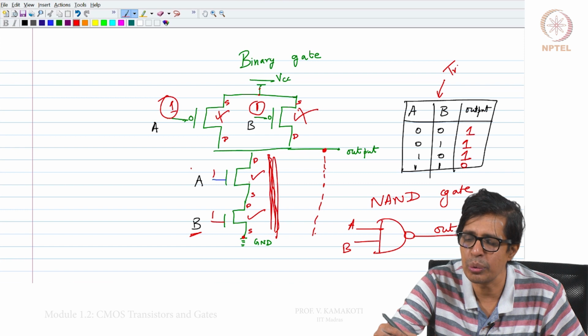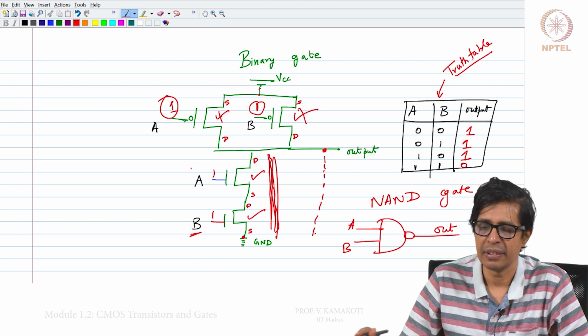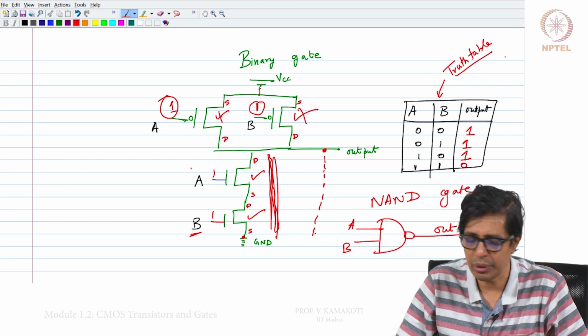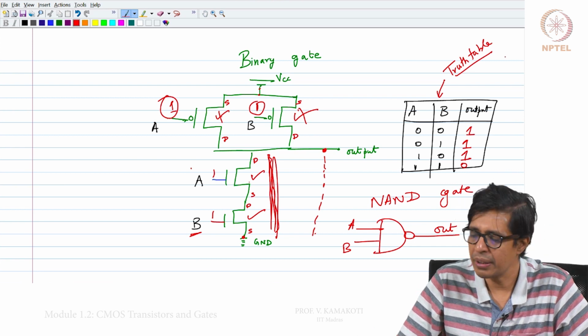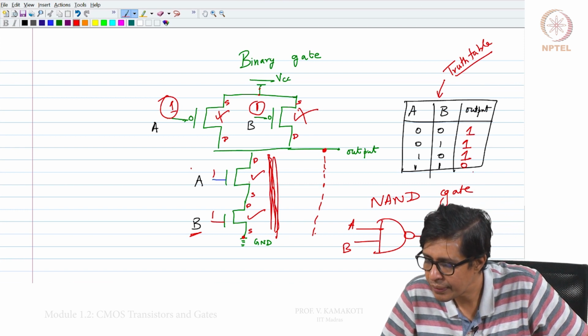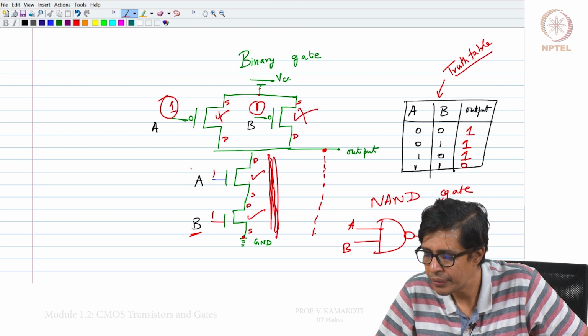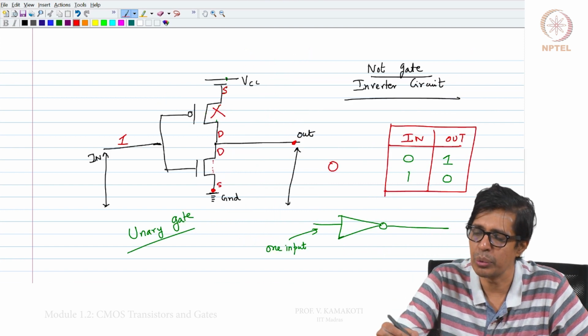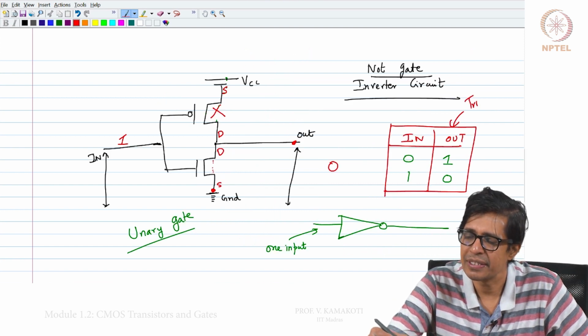This is called the truth table of the NAND gate. Similarly, if you go to the previous one, this is the truth table for the NOT gate.